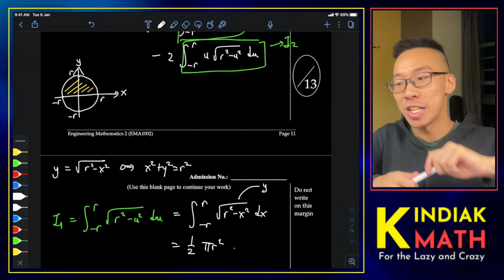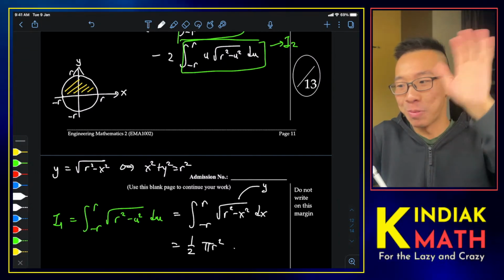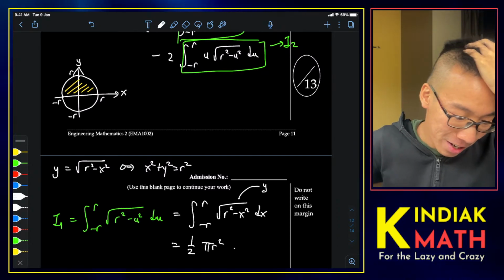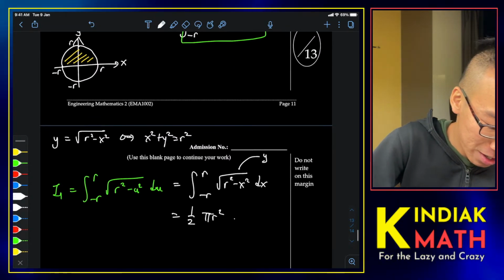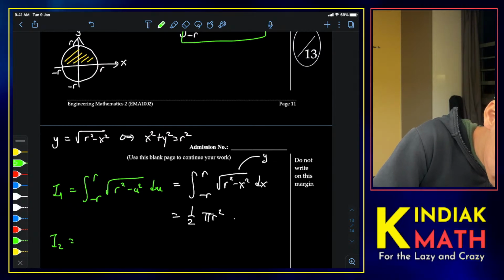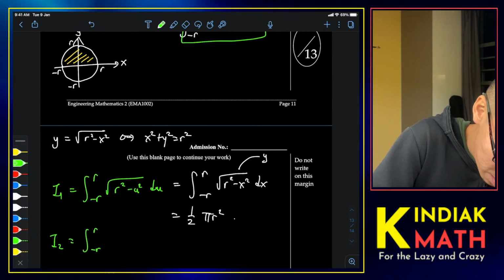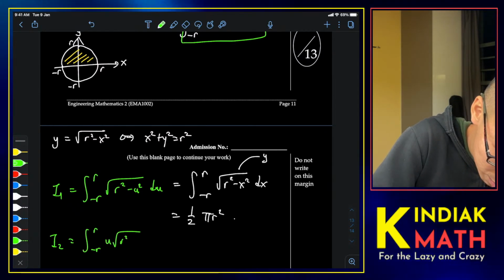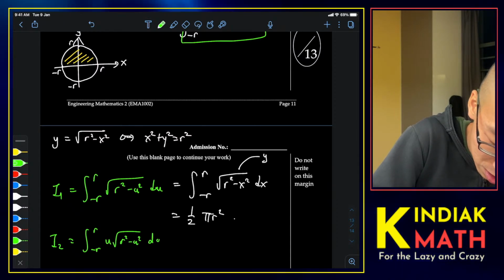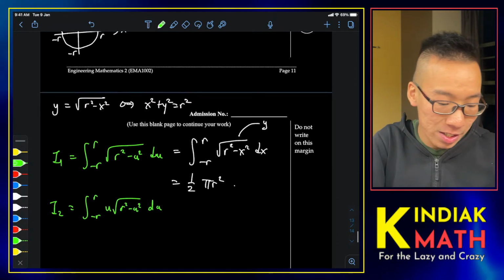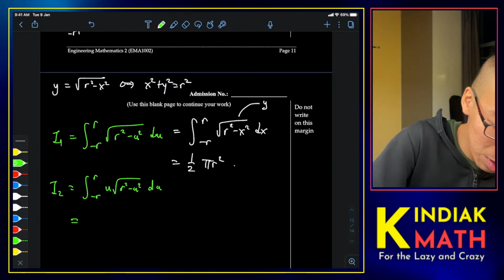And in fact, I2 actually equals 0, but without going there, maybe let's do the calculation as to why that's the case. We have the integral of u times the square root of r squared minus u squared du. So the idea here is to compute yet another substitution.